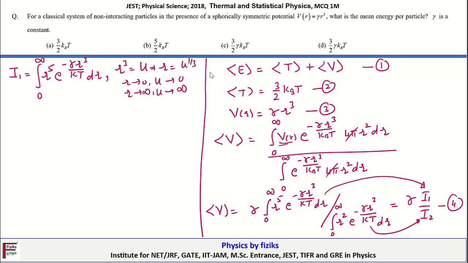Because we require r to the power 5 in I1 and r squared in I2, from this result we can write r to the power 5 equal to u to the power 5 by 3 and r squared equal to u to the power 2 by 3, and further we also need dr.